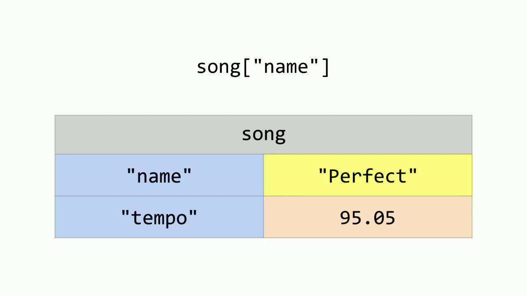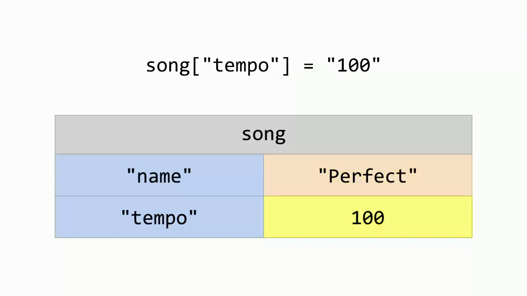And so if we wanted to get a specific value from my dictionary afterwards, then this is the syntax you would use for that. You have song, which is the name of the dictionary, and then these square brackets, and then the key. So if I use the key name, then this will return perfect.